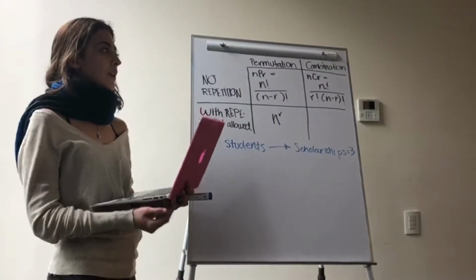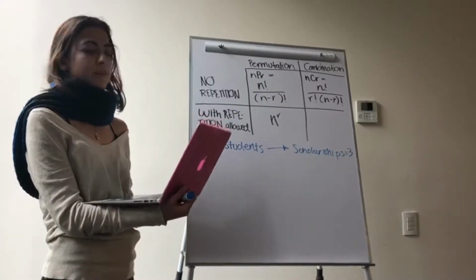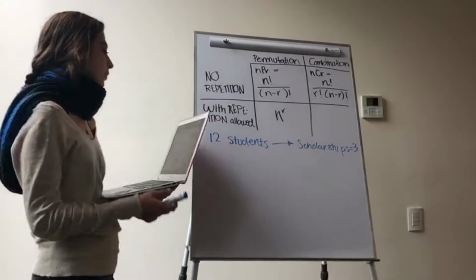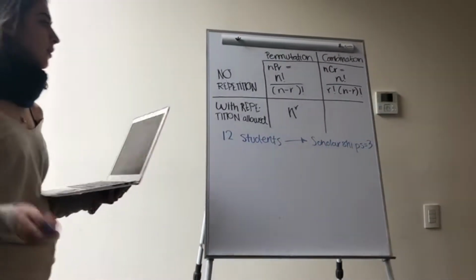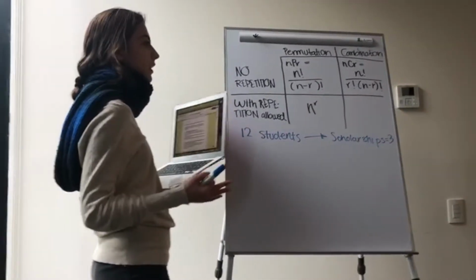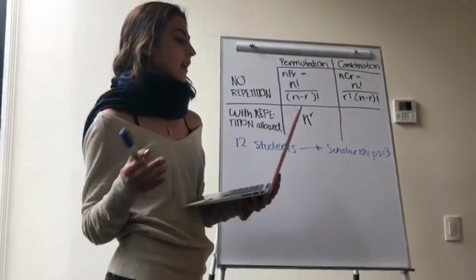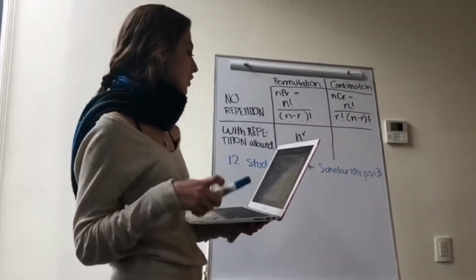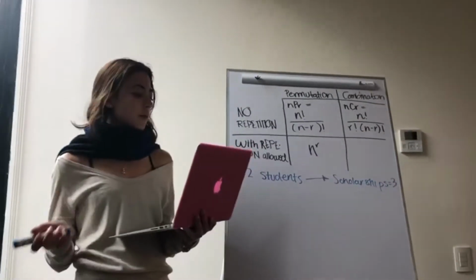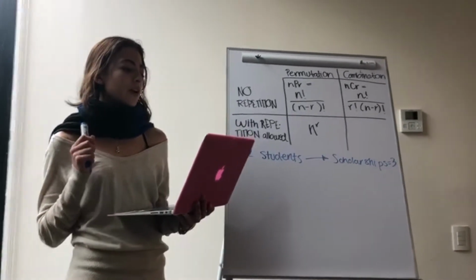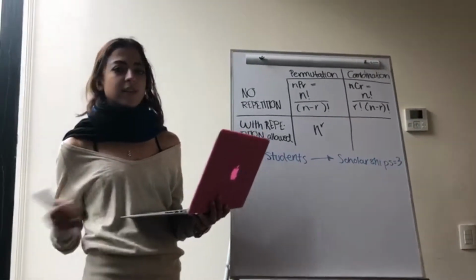The problem we had to study was problem 32, where it says 12 students are competing for 3 identical scholarships for university. This problem is a combination because the order in which the scholarships are assigned doesn't matter.